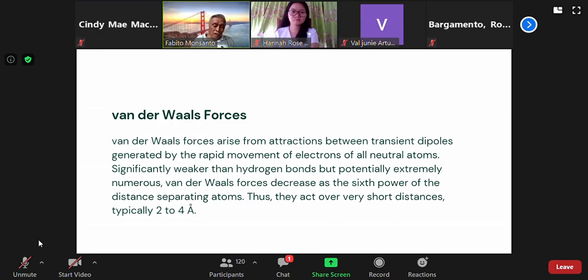Van der Waals forces decrease as the sixth power, excuse me, of the distance separating atoms. They act over very short distances, typically 2 to 4 angstrom.